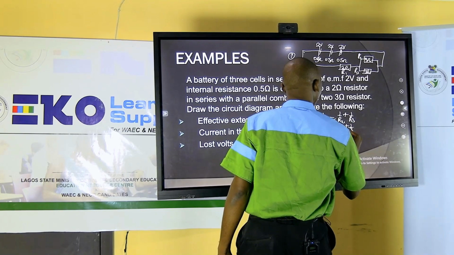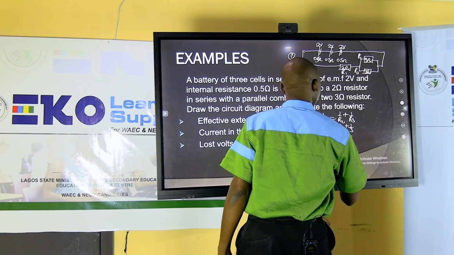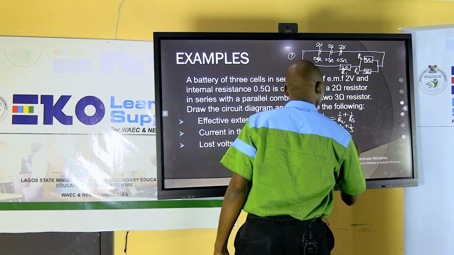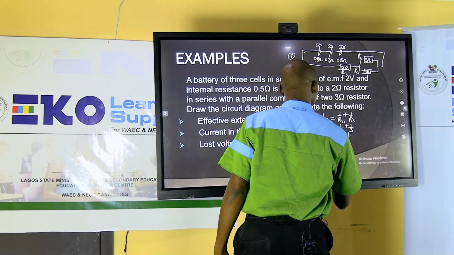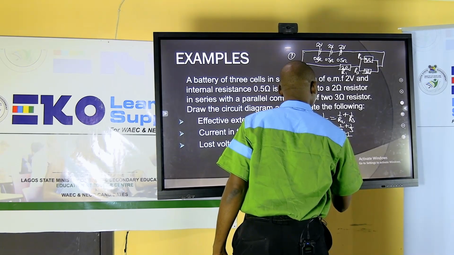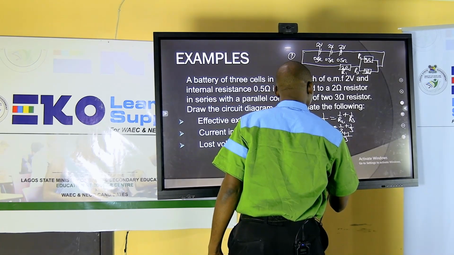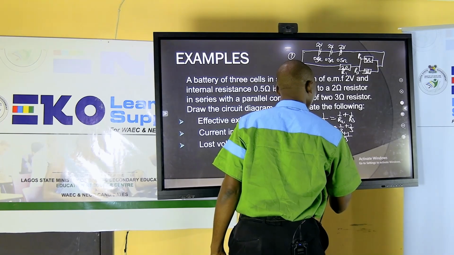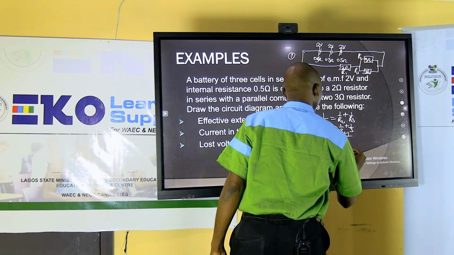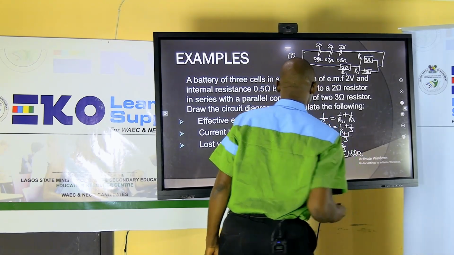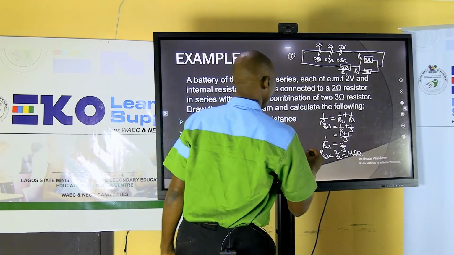LCM 3, 1 plus 1, so I have 2 over 3. That is 1 over R2,3, but that's not my final. So the effective of R2 and 3 will give me 3 over 2, which is 1.5 ohms. But that is not what we are looking for, which is total resistance.